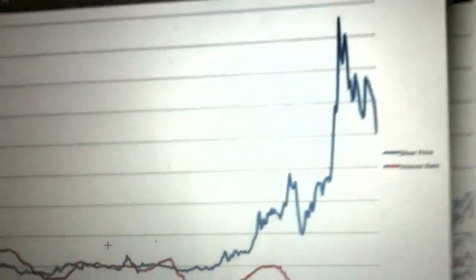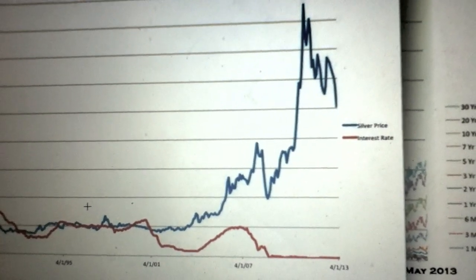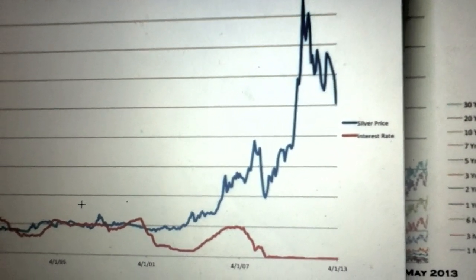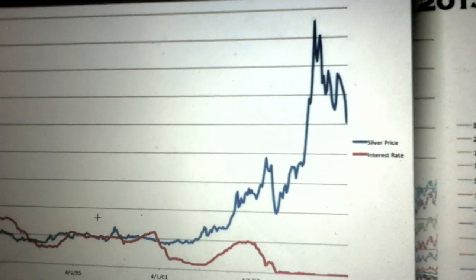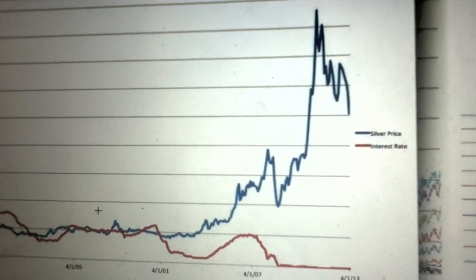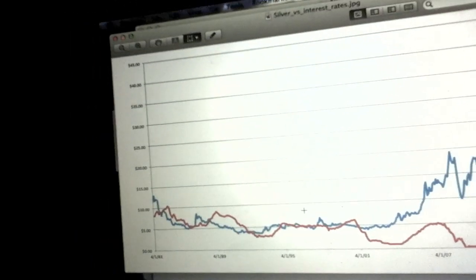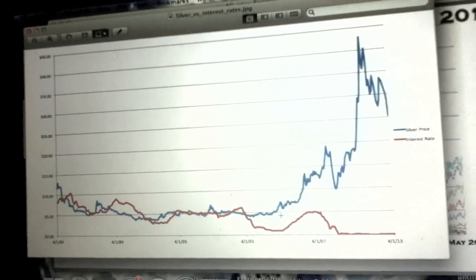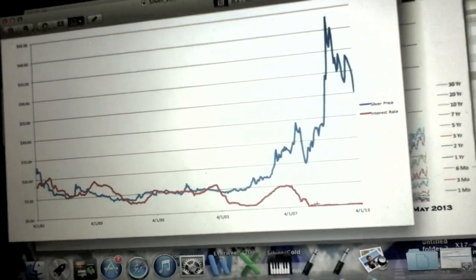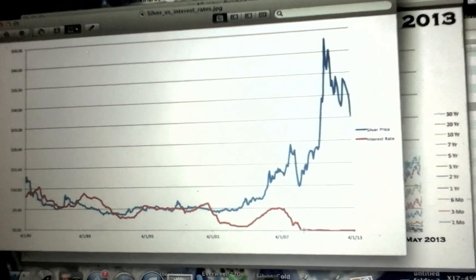So this is the silver price aligned with the 3-month bond, and I use the 3-month bond because it's one of the smaller bonds, but the 1-month bond doesn't go back this far, so it was necessary to choose a different one. And here you can see this is the flatlining of the American economy right here.